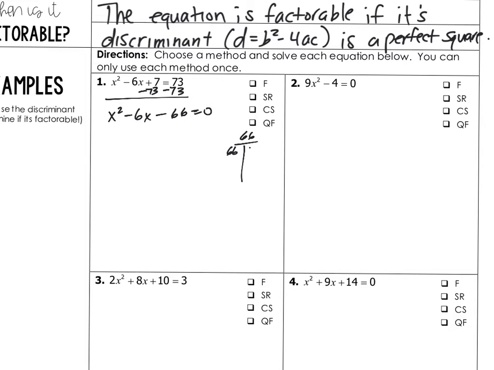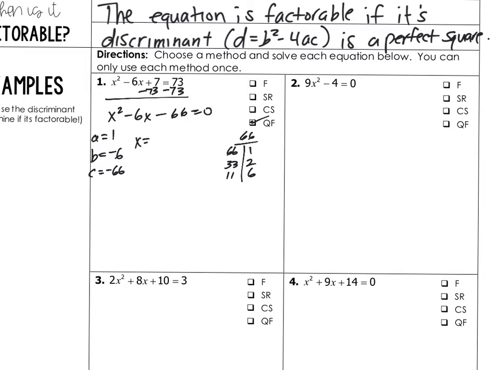Let's see, 66 and 1, 33 and 2, 11 and 6. None of these will add up to equal 6. So 22 and 3 is one that I left off of there. Let's go ahead and just use the quadratic formula. A is 1, B is negative 6, C is negative 66.